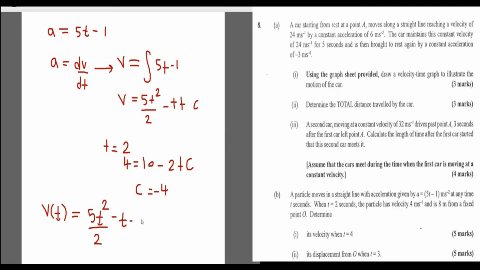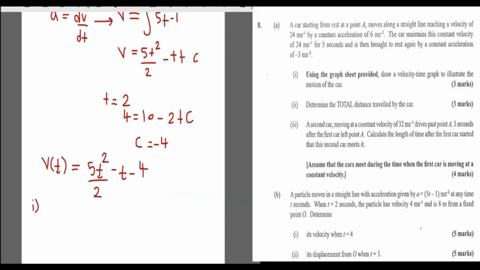Now here's what they really want. They said find the velocity when t is 4. So we just need to find v of 4.